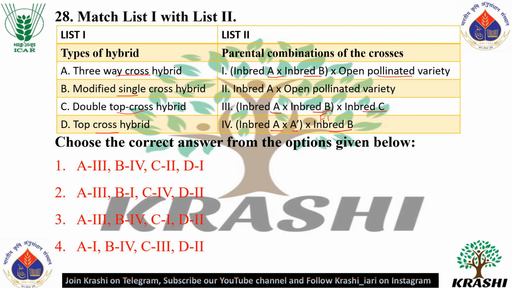A top cross hybrid is given by inbred A into an open pollinated variety. So the correct answer would be A3, B4, C1 and D2, that is option number 3.